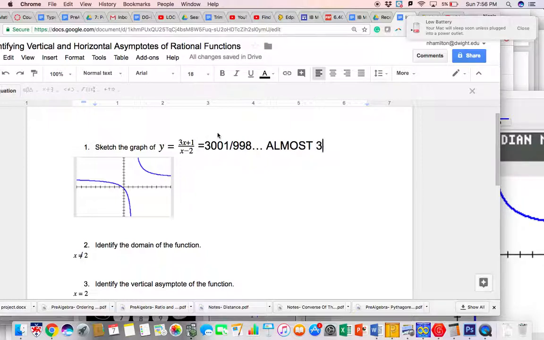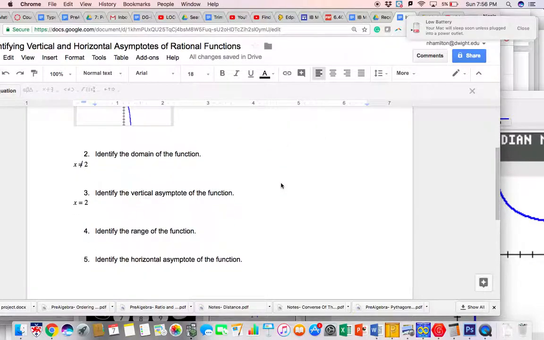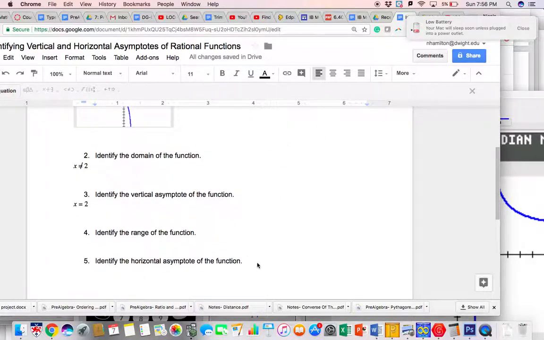Even if we made the number a billion, the numerator is always going to be slightly larger than the denominator. You're always going to get something slightly larger than 3, but you're never going to exactly get 3. And that's how we can tell that our horizontal asymptote is at 3, because our graph is approaching that but never quite touching it.